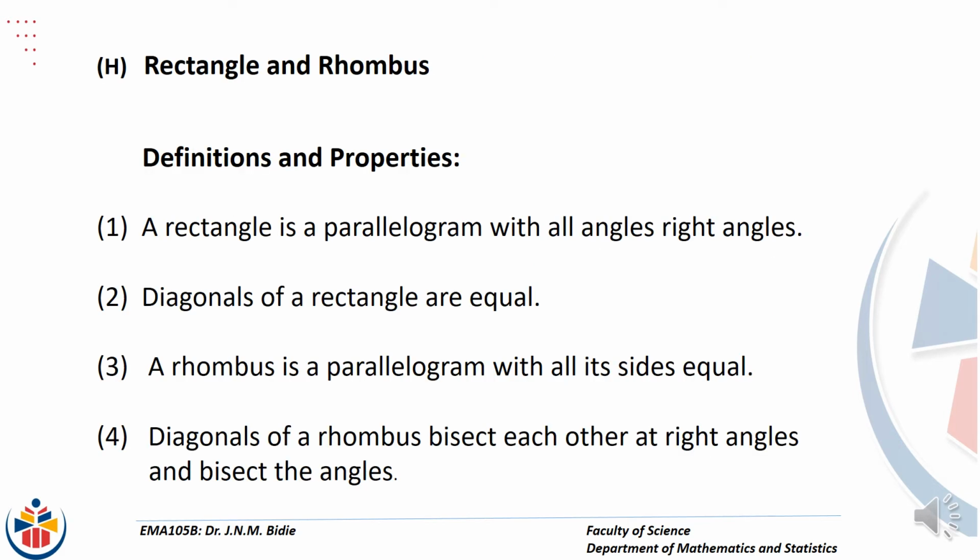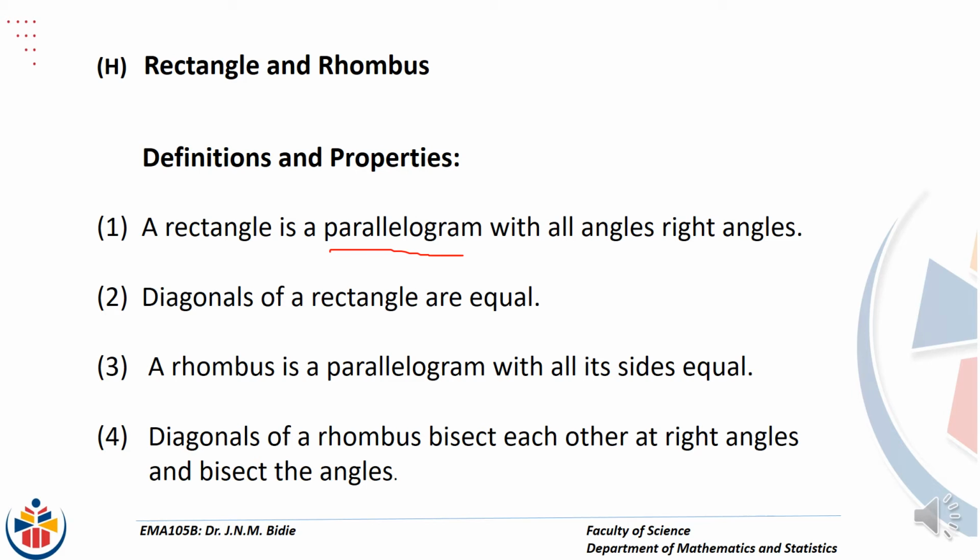Then we move on to the rectangle and the rhombus, starting with the definition as well as properties. A rectangle is a parallelogram. Note first, a rectangle is a parallelogram, so that means it's got both pairs of sides equal and parallel, and it's got opposite pairs of angles equal.